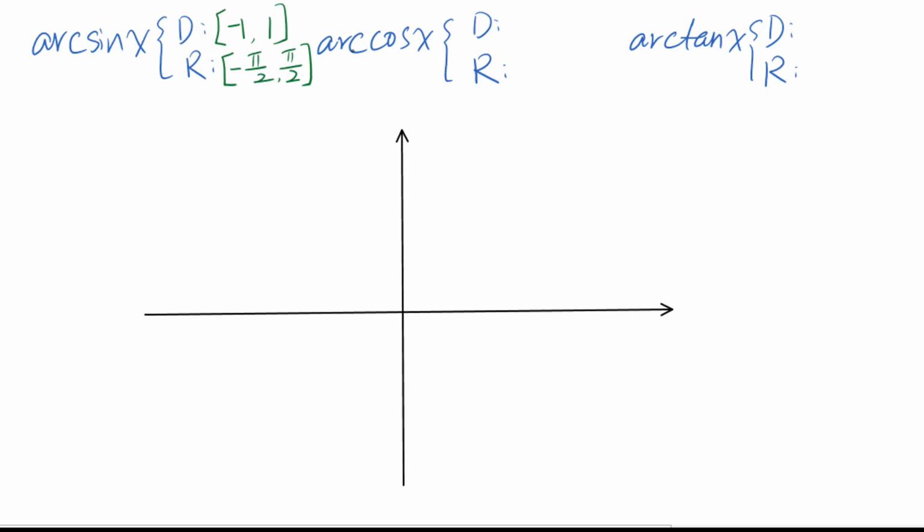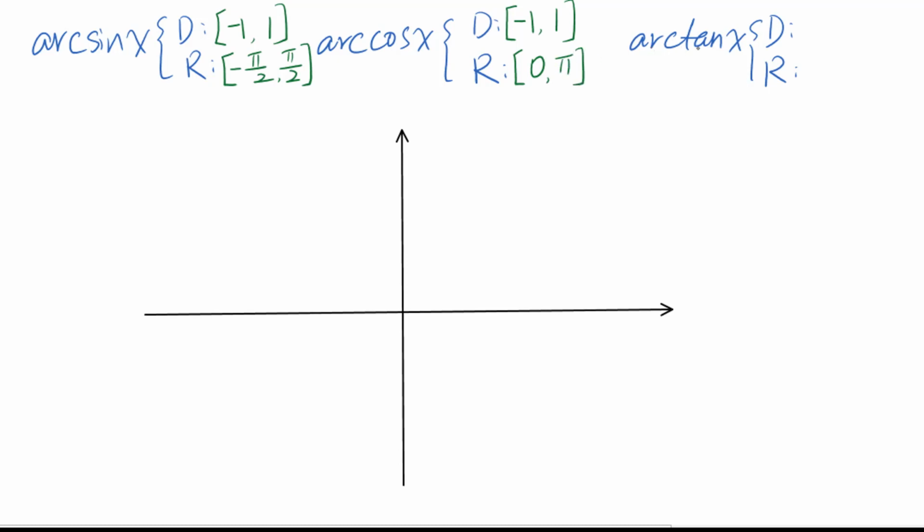For arc cosine x, the domain is the same as arcsine, the closed interval from -1 to 1. The range is the closed interval from 0 to pi.